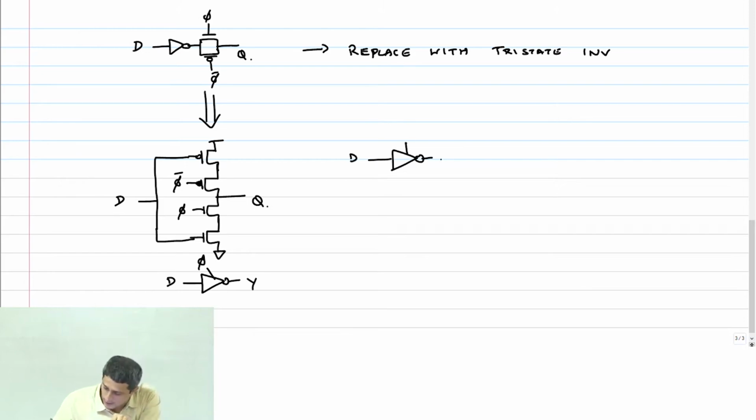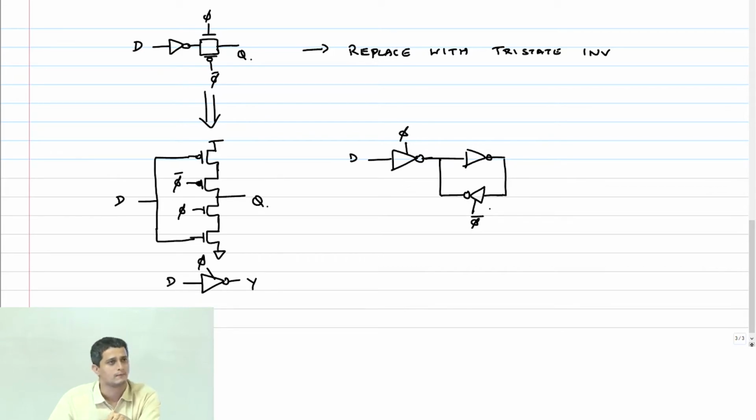So now I can replace that flop that I had earlier with such a structure. Okay, D. Then in the feedback path, I could put another tri-state inverter, not a big deal. So let's say this is phi, then this has to be phi bar, right?